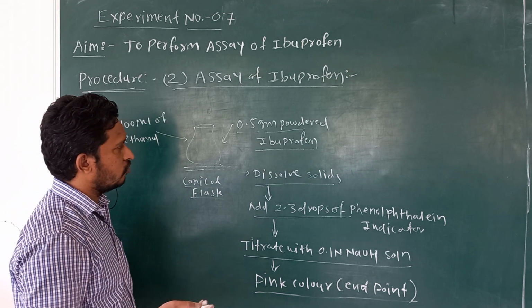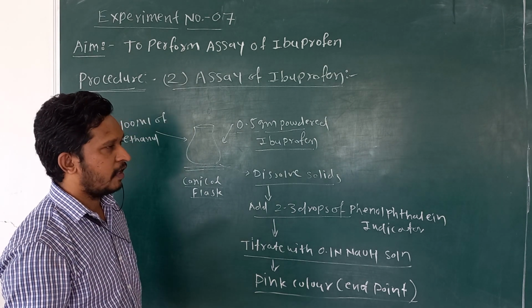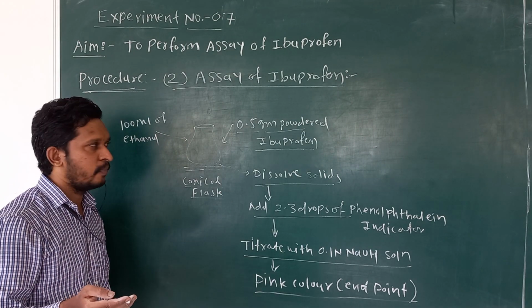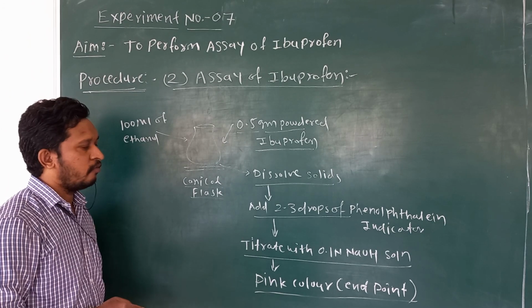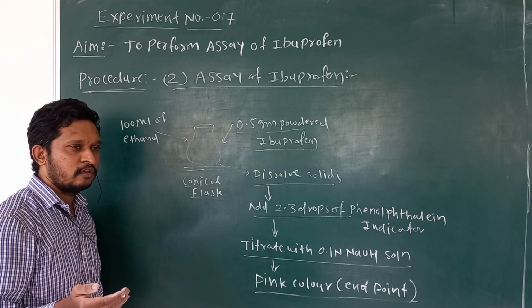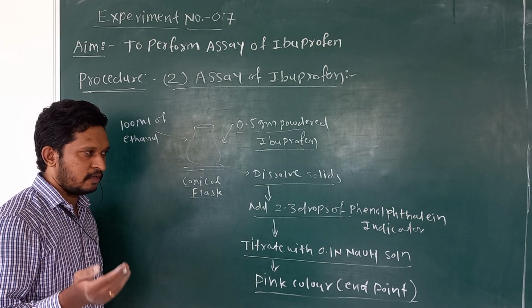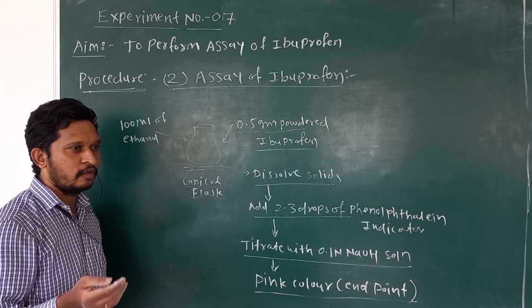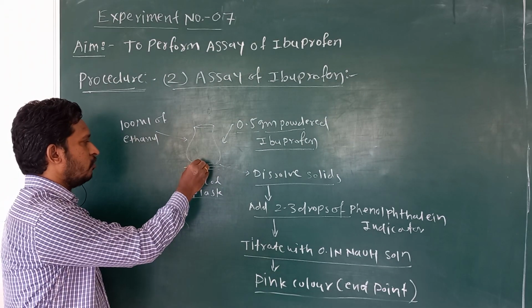So you can take the ibuprofen tablets, and then calculate the equivalent weight for 0.5 gram of ibuprofen. Then you have to powder or crush these tablets, take that equivalent weight, weigh it accurately, and add it into this conical flask.